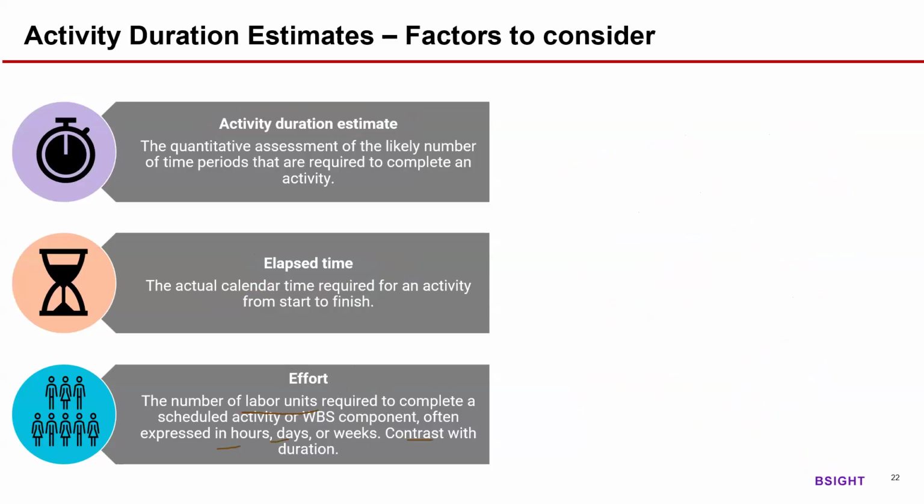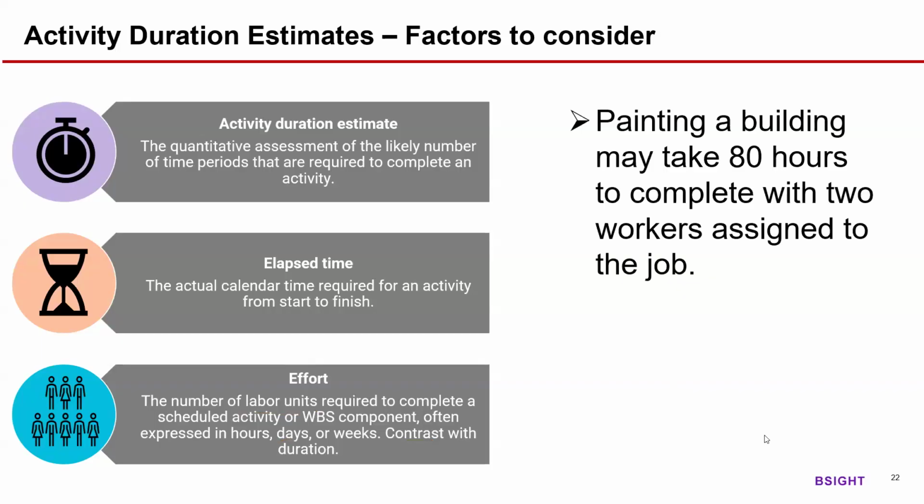Let's take an example to understand the effort. Painting a building may take 80 hours to complete with 2 workers assigned to the job. Type in the chat box: from that statement, what is the duration of this activity in number of hours? No need to convert into days and all.